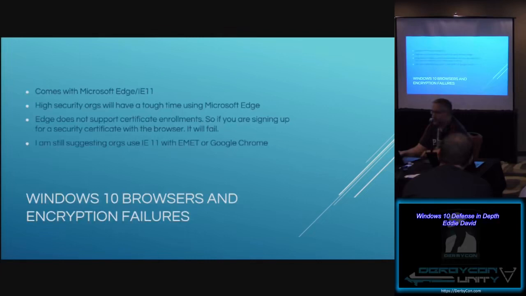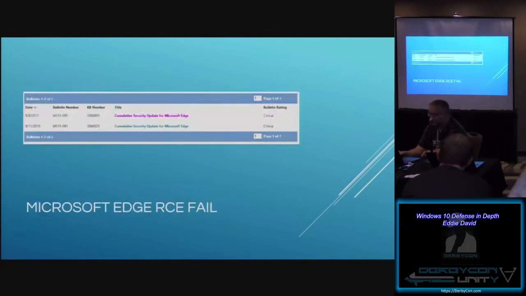So if you have a PKI set up, or even something as simple as trying to enroll a certificate for S/MIME encryption, it's going to fail. Unfortunately, I'm still suggesting orgs stick with IE 11 with EMET, or set up Google Chrome for work, one of the two. I'm still seeing remote code executions with Microsoft Edge.